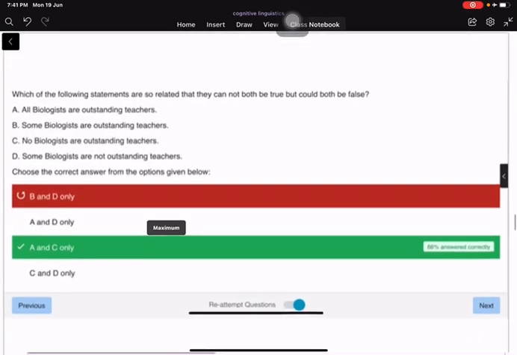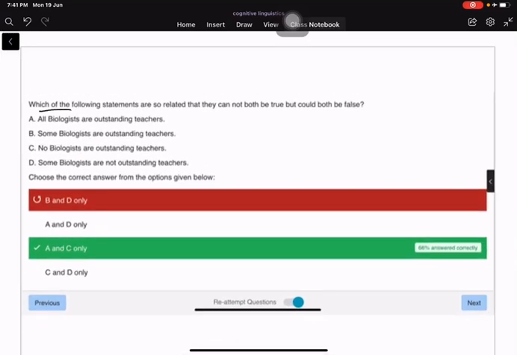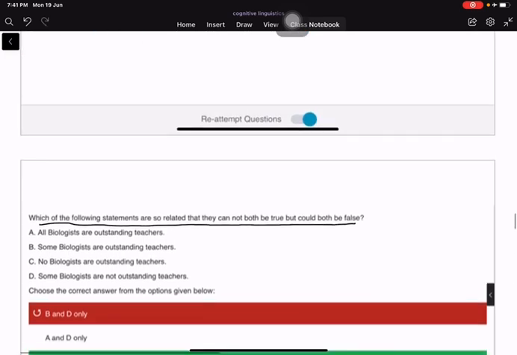Now, the next question: which of the following statements are so related that they cannot both be true but they could both be false? So, they cannot both be true, but they could be false.